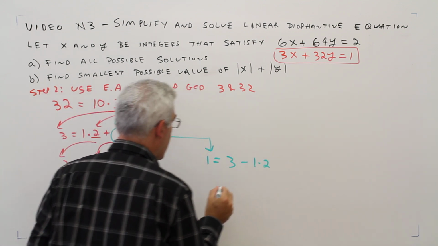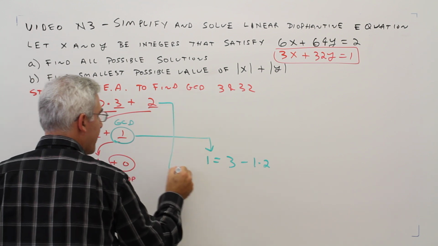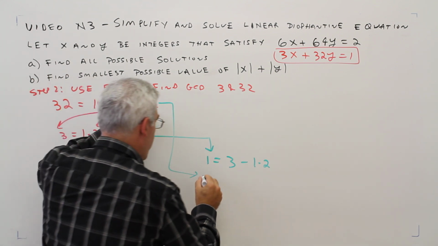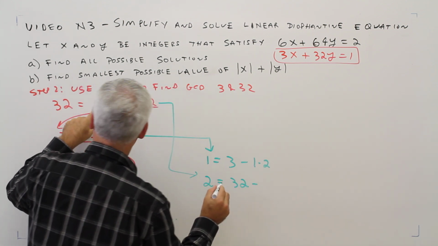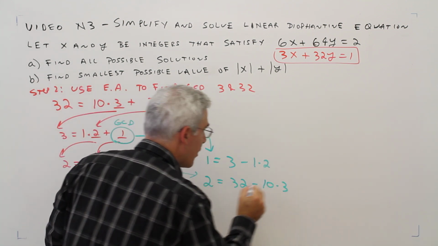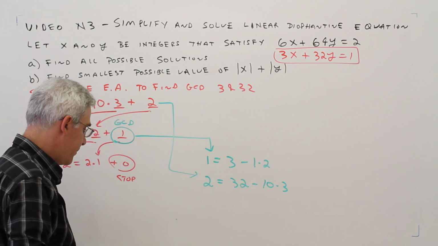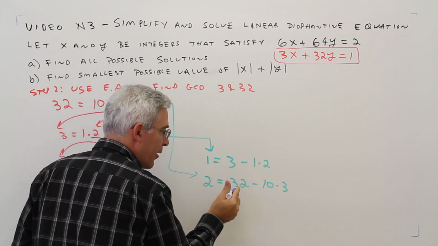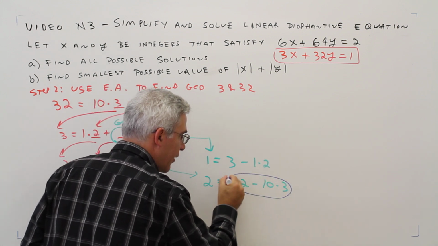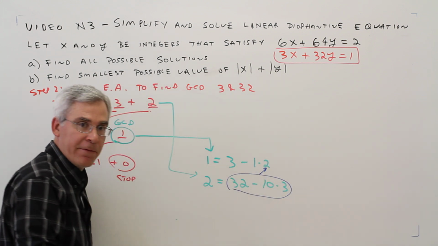And then I'll take the step above. 2 equals 32 minus 10 times 3. Then I've got the 2 here, so I'm going to substitute it into the equation above.